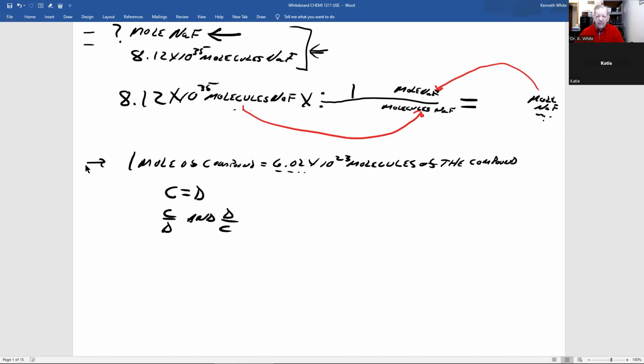Where do we get the relationship of 1 mole to molecules of a compound? Right here. And that would be 6.02 times 10 to the 23rd.